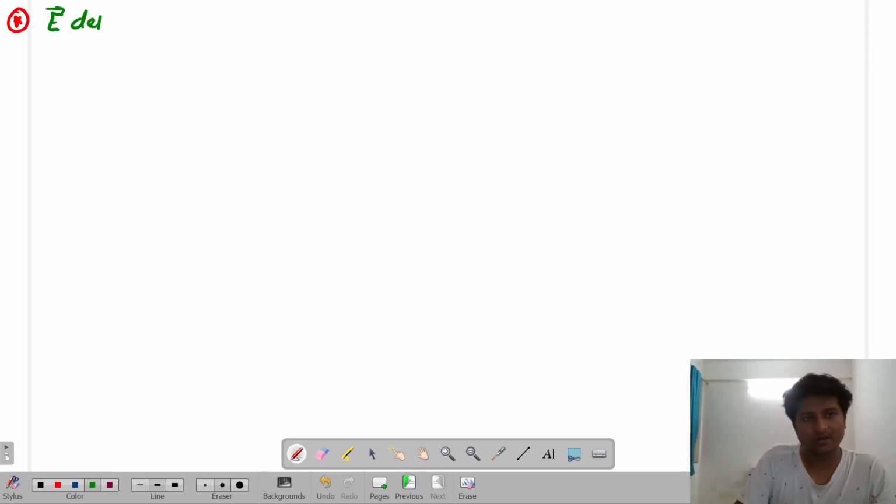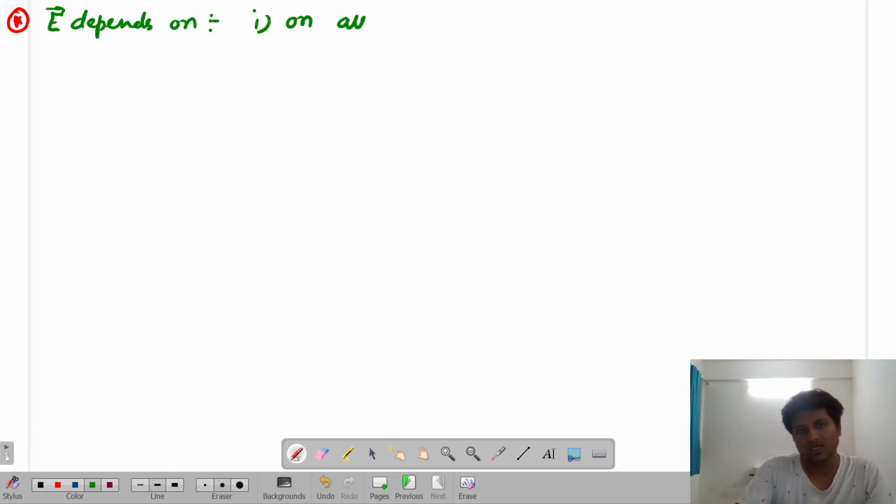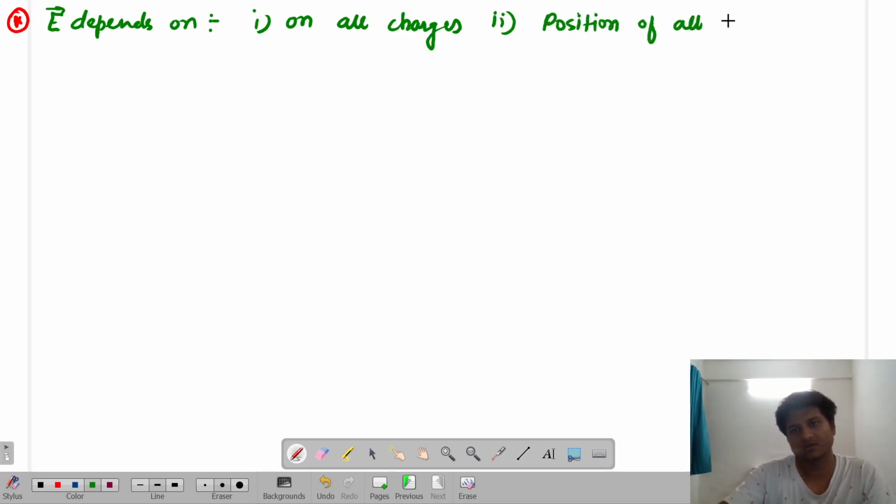So E vector depends on many quantities. First quantity is all the charges which are present inside the Gaussian surface. Second thing, position of all charges. Okay, is that clear?